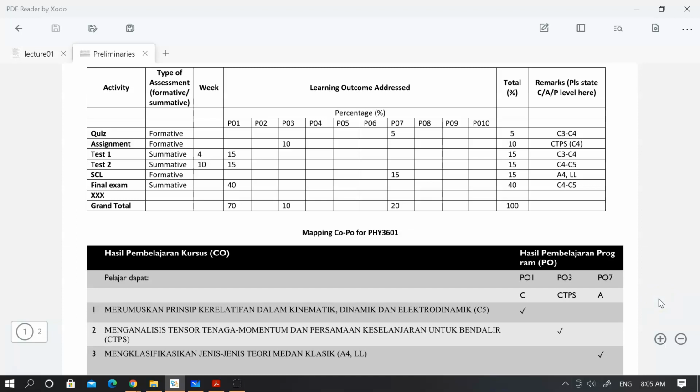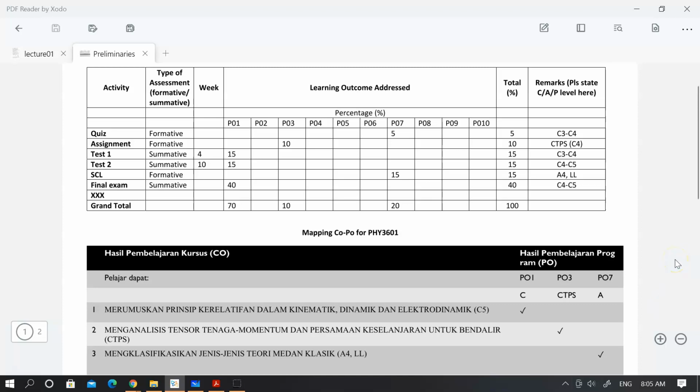Before we start, just to let you know the course assessment plan for this course. There will be quiz and assignment. The quiz will be 5%, assignment 10%, test 1 and test 2, 15% each. And there will be an SEL, which also takes up 15%. The final will be 40%, making up to 100.